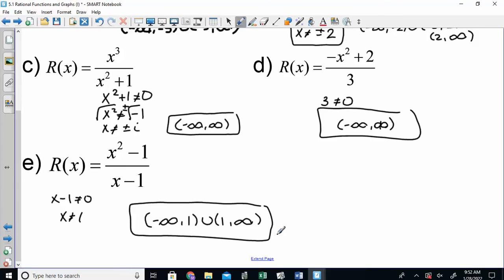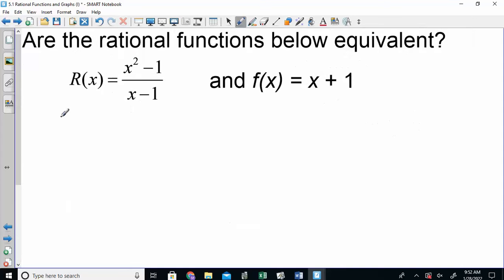Something that I want to mention, this last one. We just did the domain, we said it couldn't be 1. If I factor the top, how does x squared minus 1 factor? Those x minus 1s end up canceling and you get x plus 1. But what would be the domain of x plus 1? Negative infinity to positive infinity because there's no fraction.